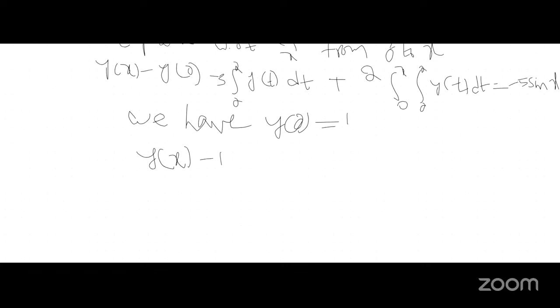So now we can take the integral 0 to x common outside. So that becomes minus 3, for this one that becomes 2 into x minus t into y of t dt, equals 1 minus 5 into sin x.